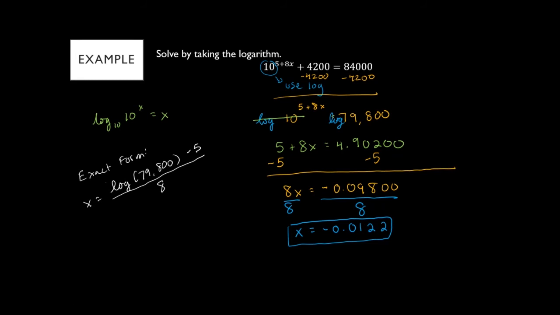Did you put the whole top in parentheses? Because if you don't do that, your calculator might divide only the 5 by 8 and not the whole thing by 8. Yeah, make sure you have parentheses around the log 79,800 minus 5 before you hit the divide button, or hit enter and then hit the divide button.